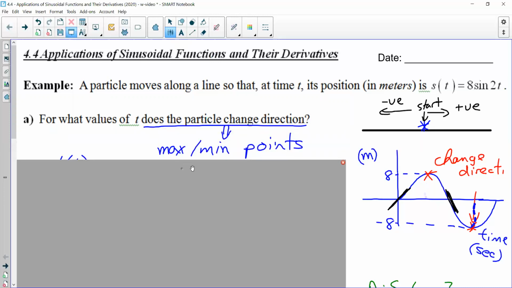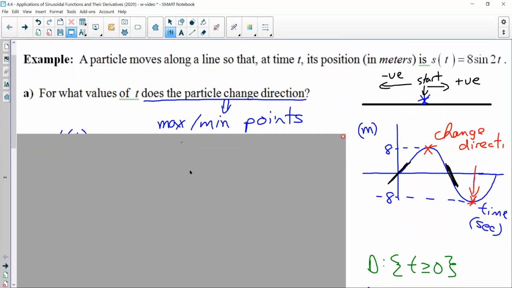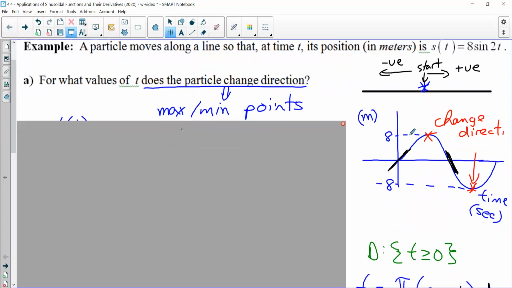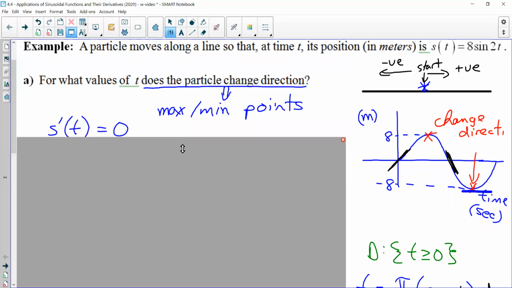You're looking for the max and min points, and as you know from derivatives, the derivative at these max and min points should be equal to exactly 0. Slope of the tangent would be 0 at those points. So if you can solve equations, that's what we're going to be taking a look at, and that's why it's important that you have your trig skills sharpened up.